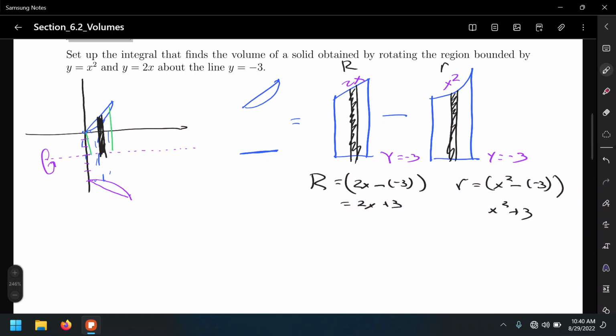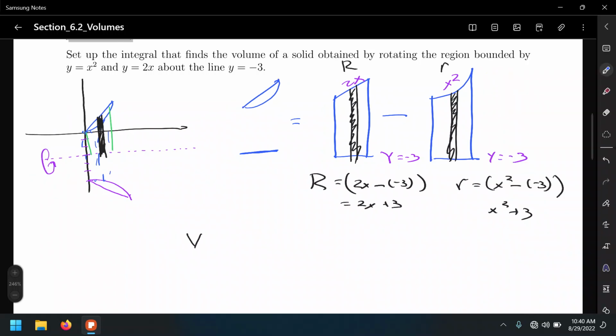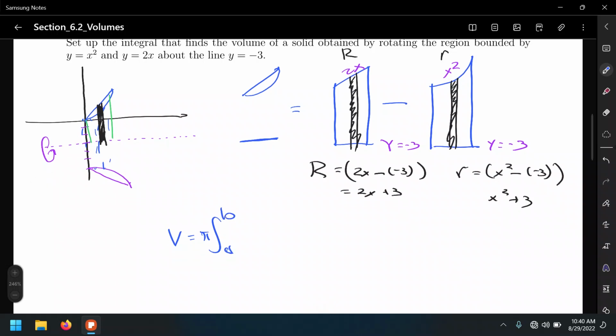Okay. Now let's set up the integral that will find the volume for us. And well, volume is pi times the integral from a to b, and in this case, that'll be outer radius squared minus inner radius squared with respect to x, okay?